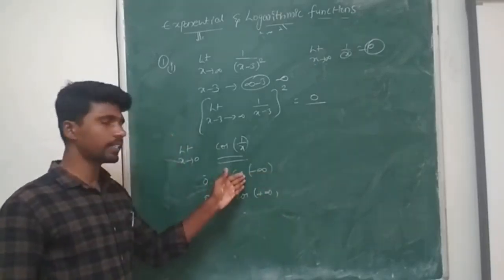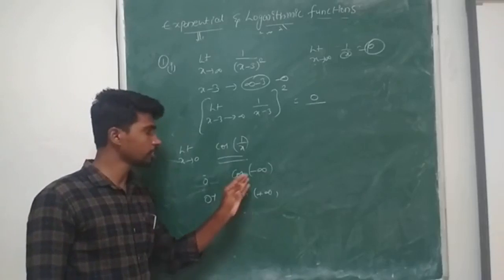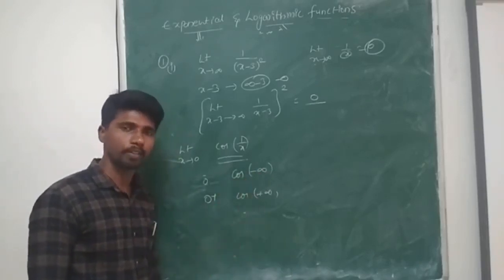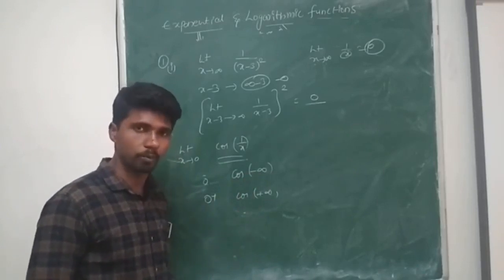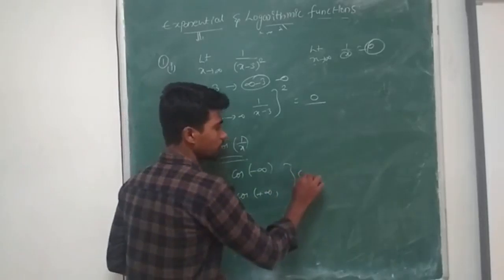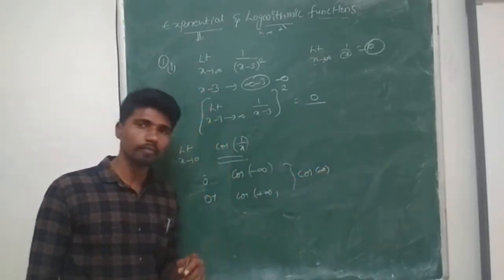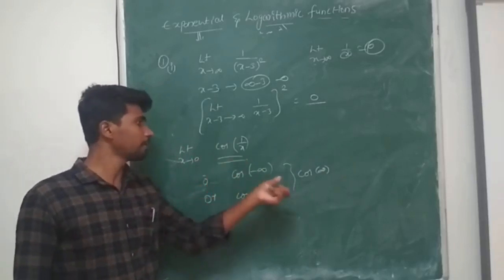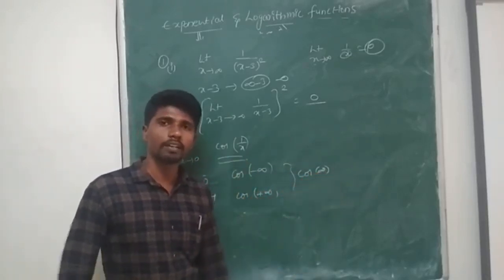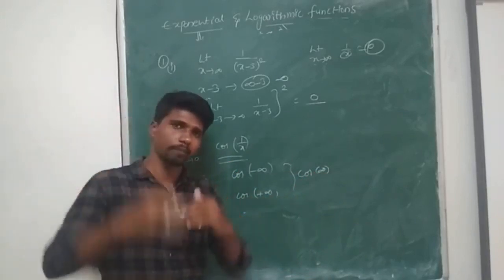So I get cos of minus infinity and cos of plus infinity. But cos of minus theta and cos of plus theta both are equal to cos theta only, which are nothing but cos of infinity. That value particularly we don't know, and the range of cos fluctuates in between minus 1 and 1.